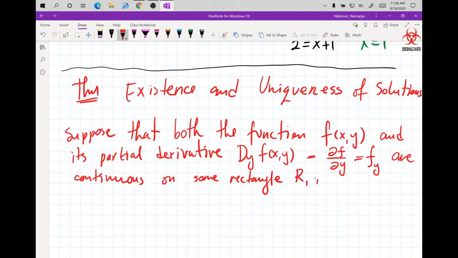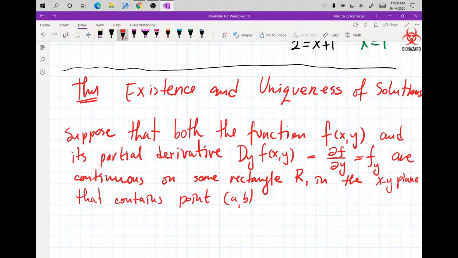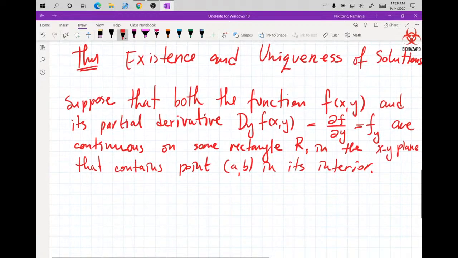Well, here is the explanation. In the xy plane, a rectangle that contains the point (a, b) in its interior. That's a large setup, but it's actually very simple.